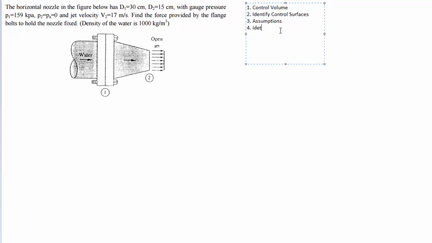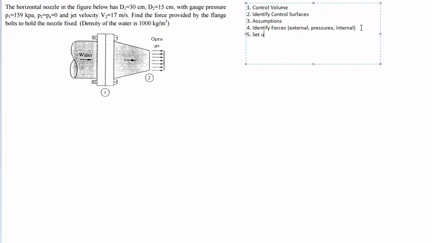After that, identify forces. That's particularly important because we're doing linear momentum. So you want to look at the external forces on the system, like the pressures, and the internal forces, like normal forces or reaction forces for elements within the system.